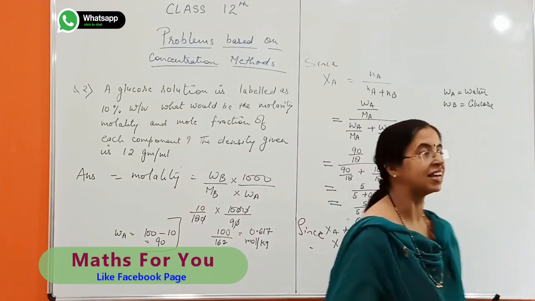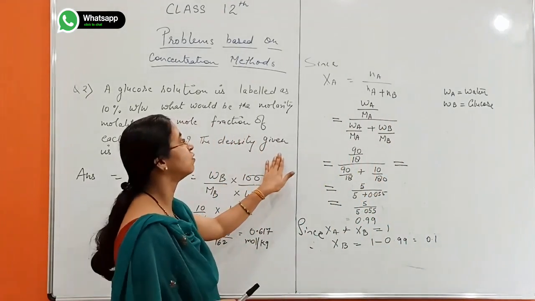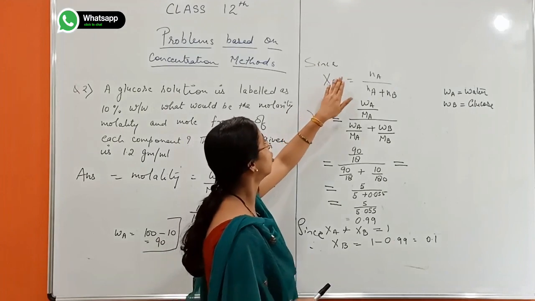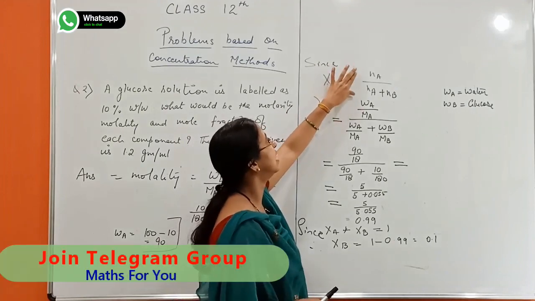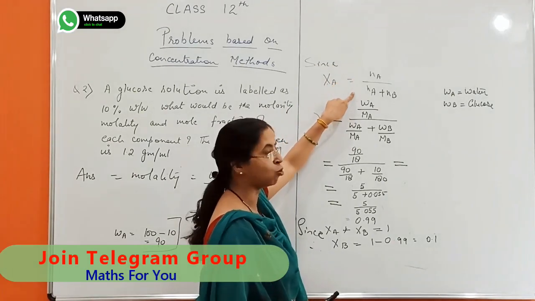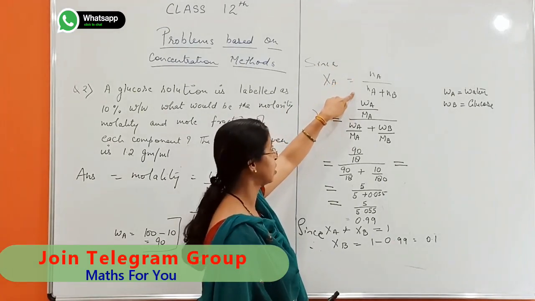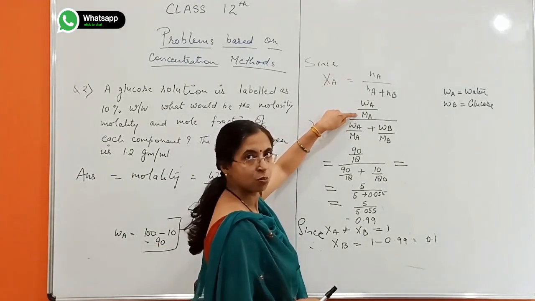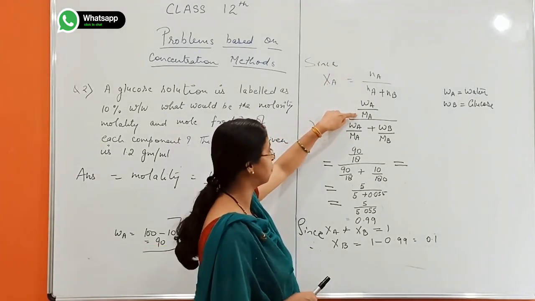Now the next thing is the calculation of the mole fraction. For the mole fraction, the formula is the number of moles of the solvent divided by the moles of the solution. The moles can be written as weight upon molar mass of that particular component.